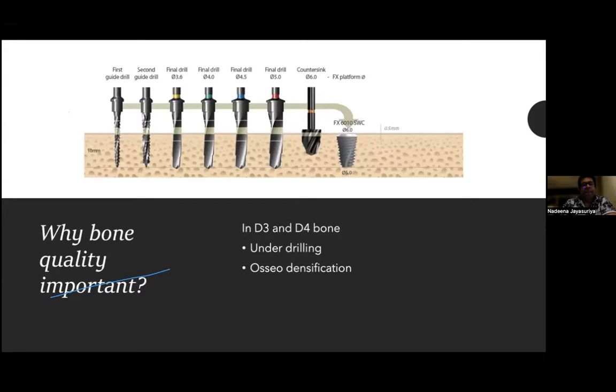Every implant system that you know gives a sequence of the drills that you have to use. You don't have to remember.